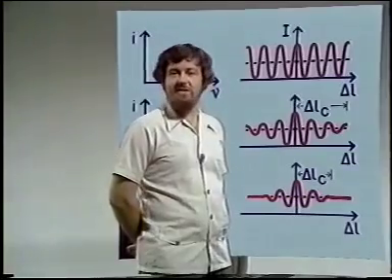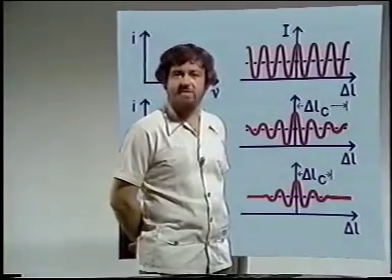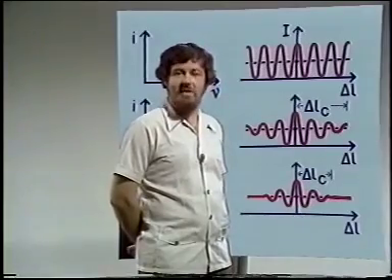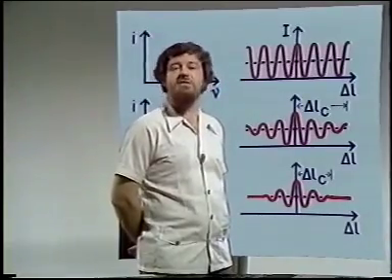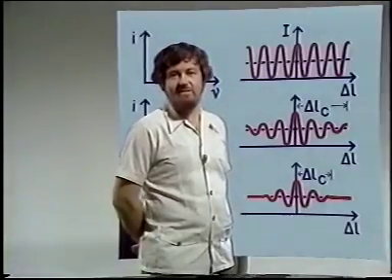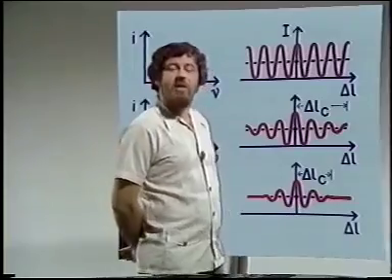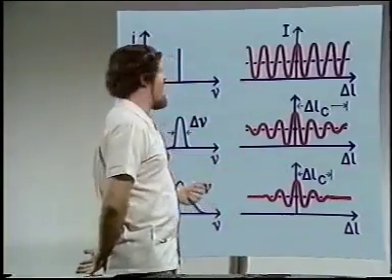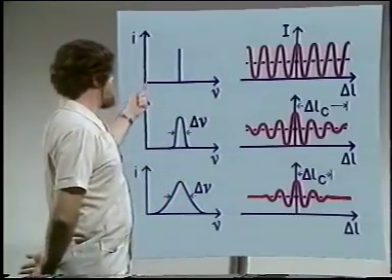Now, you know from the unit that this is called a coherence length associated with the radiation. And this is associated with the coherence time. It's defined by the formula that the coherence time is equal to the coherence length divided by the velocity of light.